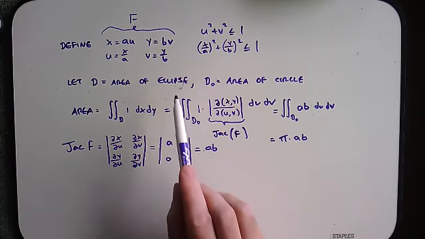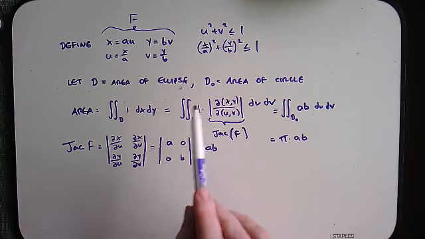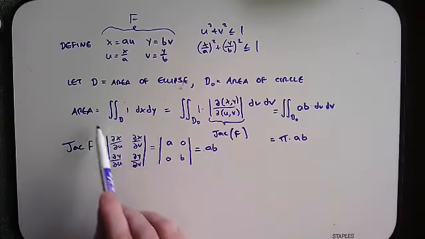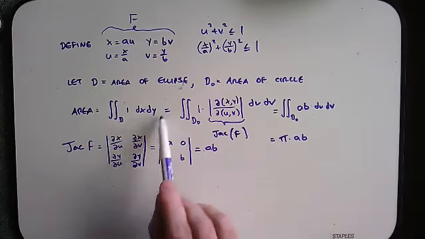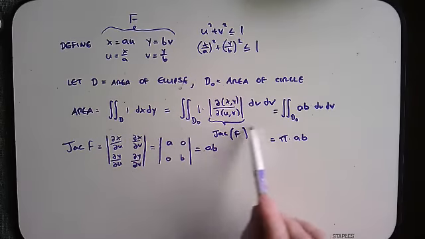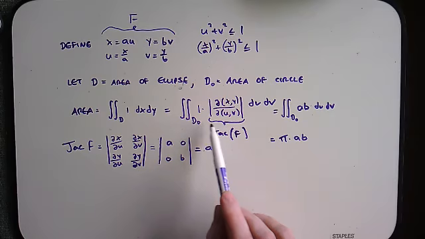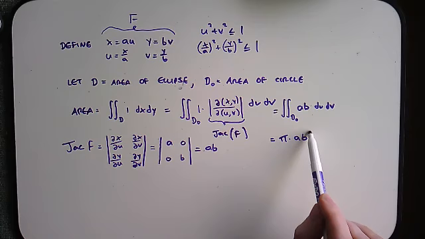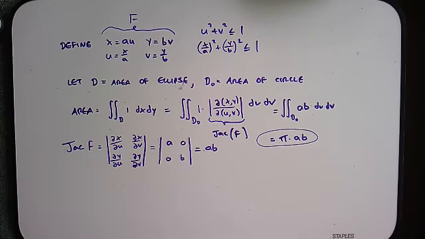We did a change of variables between our circle and our ellipse. In doing so, we found a relationship between a double integral giving the area of the ellipse and a simpler double integral over the area of a circle. To do that change of variables, we calculated the Jacobian using partial derivatives, and it gave us this nice result that is also the formula for the area of an ellipse.